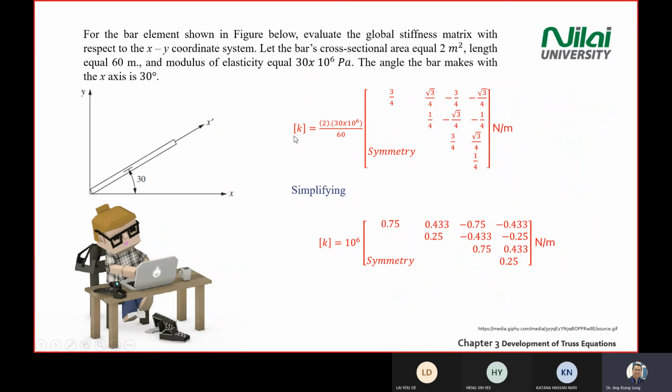Now in a test, don't stop at this stage. Give me a simpler answer like this one. You can factor all the 1/4 outside, and then give me simpler terms here. Just don't give me the fraction numbers here. And the unit is Newton over meter. You know that your stiffness matrix is always in Newton over meter.